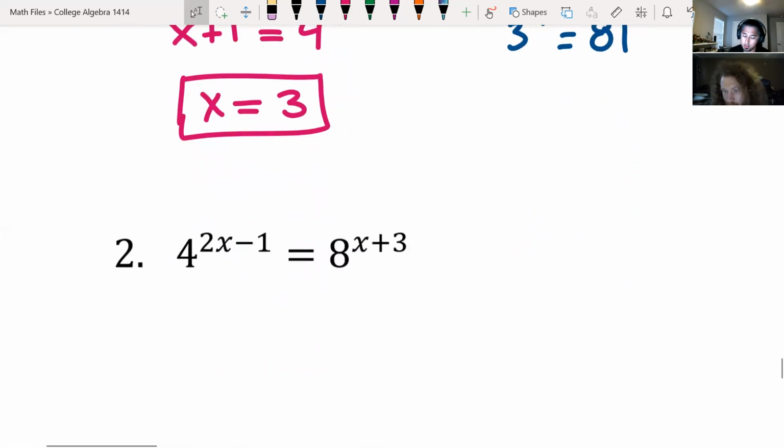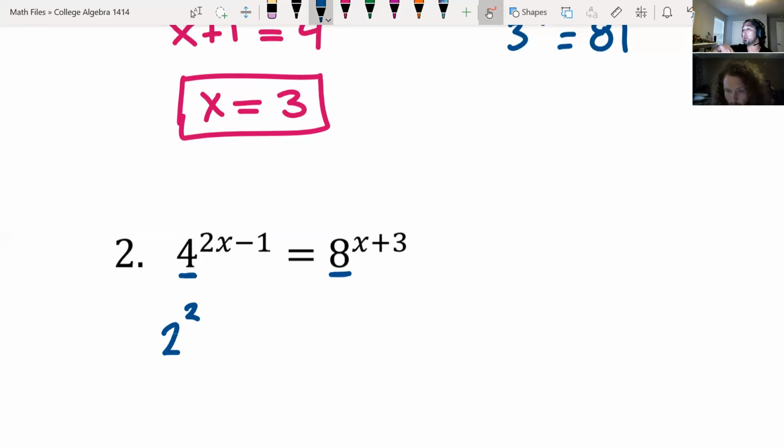Number 2. 4 to the 2x minus 1 equal 8 to the x plus 3. Once again, we see that we do not have the same base. So what is a common base that 4 and 8 share? 2. So we can rewrite 4 as 2 squared.